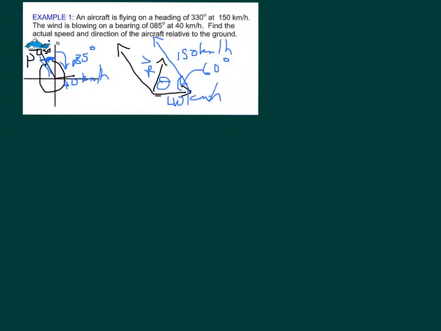Now remember the cosine law, a squared equals b squared plus c squared minus 2bc times the cosine of angle A. We're going to use this law in order to find our resultant. In this case, our resultant will be A, B can be 40, C can be 150, and the cosine of angle A is going to be represented by cosine of 60 degrees this time.